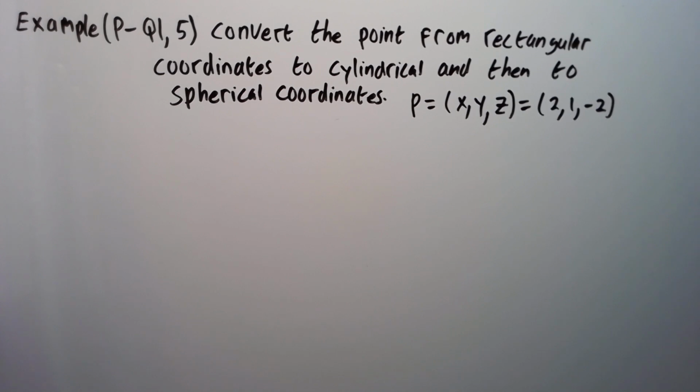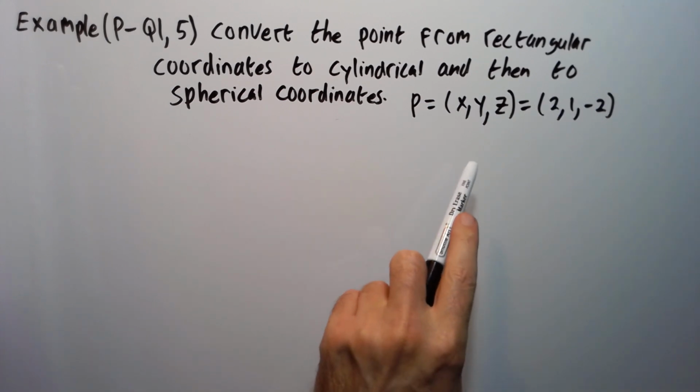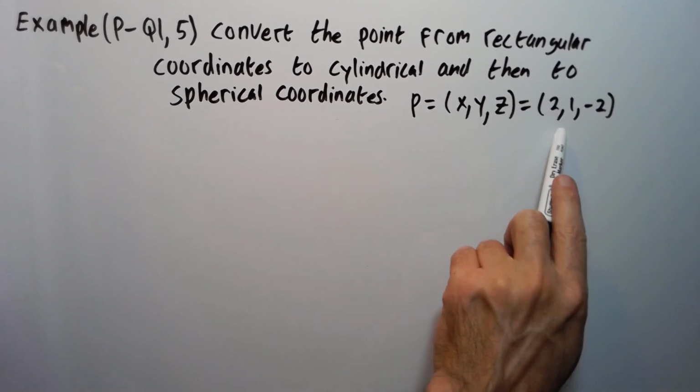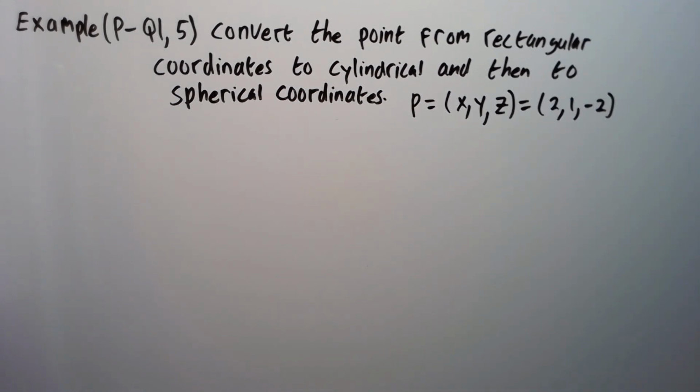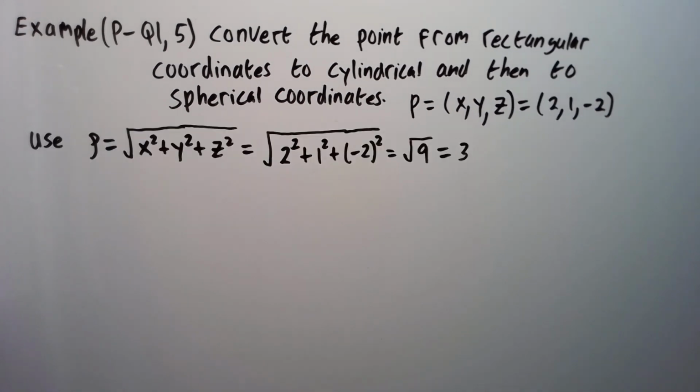Okay, so next example, this is actually from practice quiz 1, number 5. It says convert the point from rectangular coordinates to cylindrical and then to spherical coordinates. So our point here is (x, y, z) equal to (2, 1, -2). Okay, let's first find the rho.